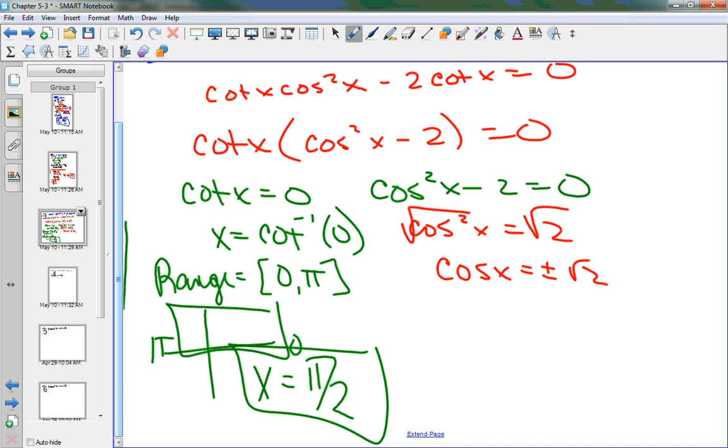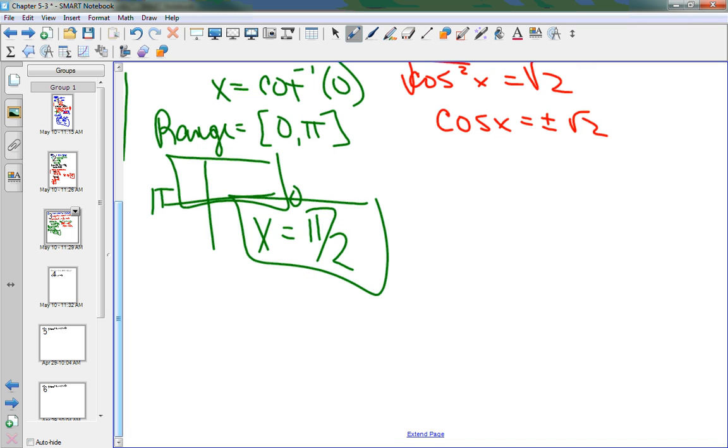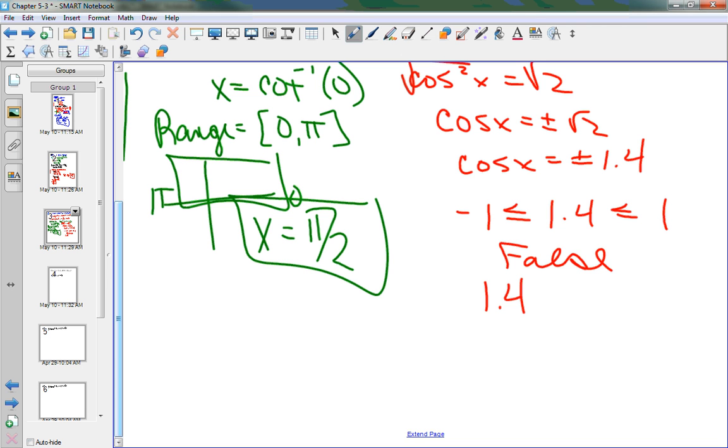It is 1.4, Mr. Precision Machining. Your decimals helped you just now. So this cosine of x is actually plus or minus 1.4. Is -1 less than or equal to 1.4, which is less than or equal to 1, a true or a false statement? That's a false statement.